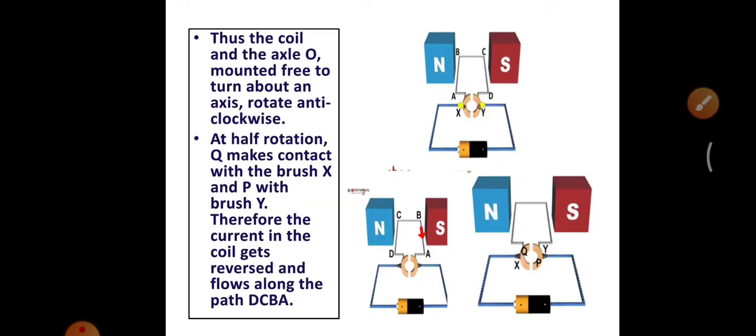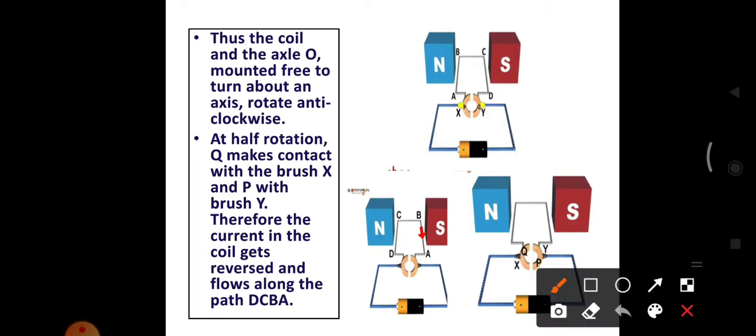So the coil and the axle O are mounted free to turn about an axis. So it rotates anticlockwise. The force downward and the force upward, so it starts to rotate. The coil starts to rotate because it is freely mounted on the axle.